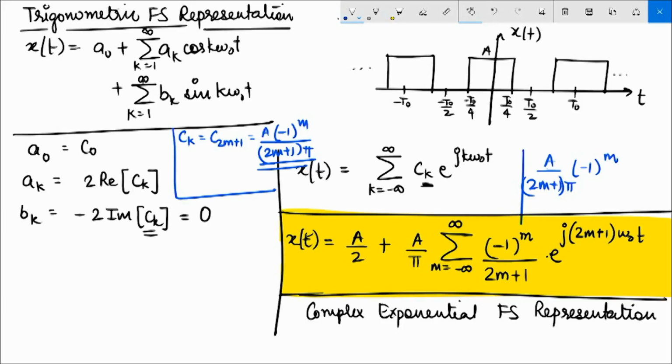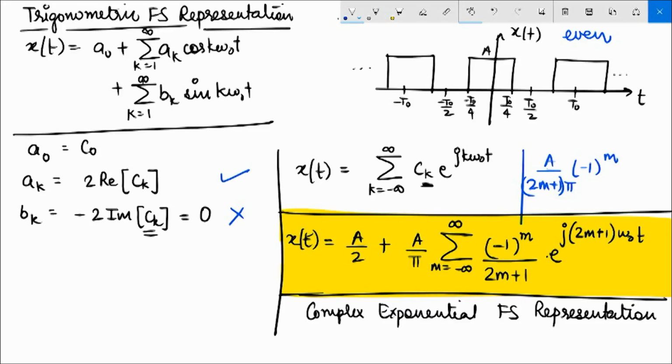Does not have any imaginary component. This is for k not equal to 0. It was also kind of obvious because this x(t) is an even function. We could directly say that its Fourier series representation would not have any sine terms, it would have only cos terms. a0 now is simply c0, that is a by 2.